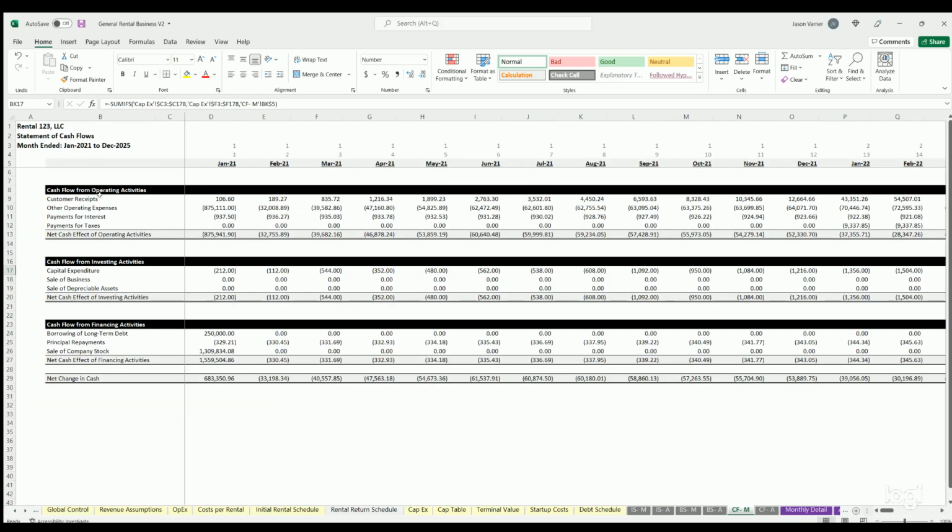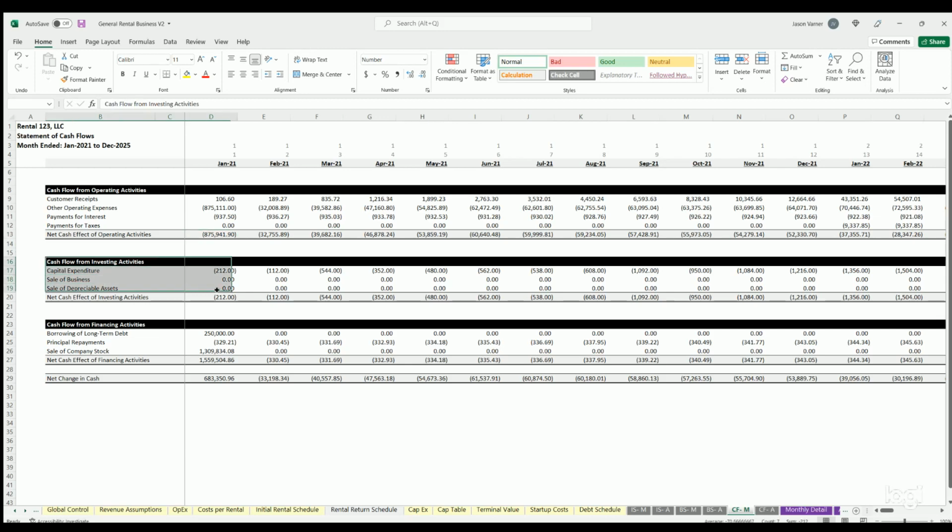Cash flow really gives you the insight on what's happening with cash flow in a given period. So you've got your operating activity cash flow, which is just taking customer receipts, expenses, interest, taxes. So that's everything that's happening within the operational cash or operating activity section of the business.